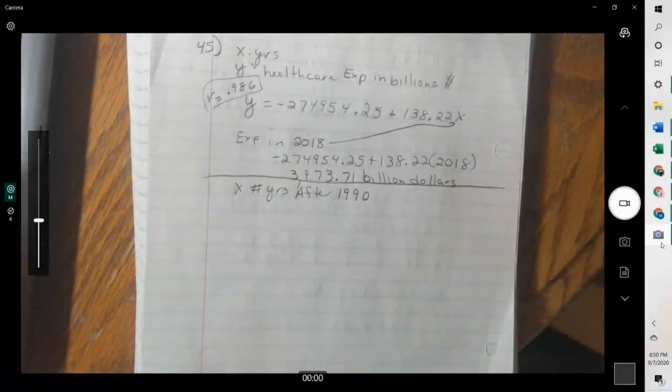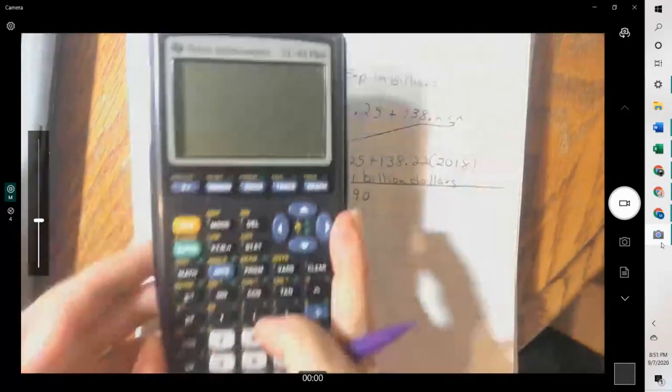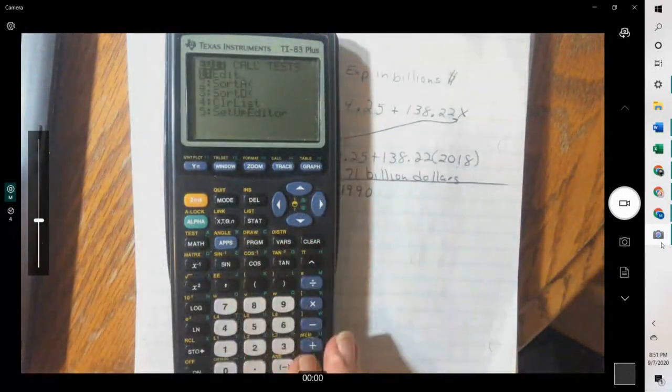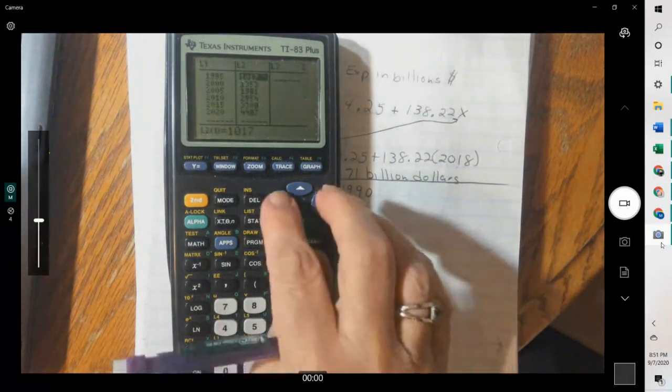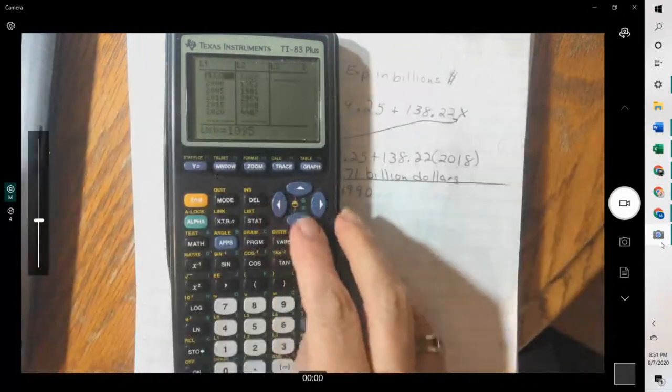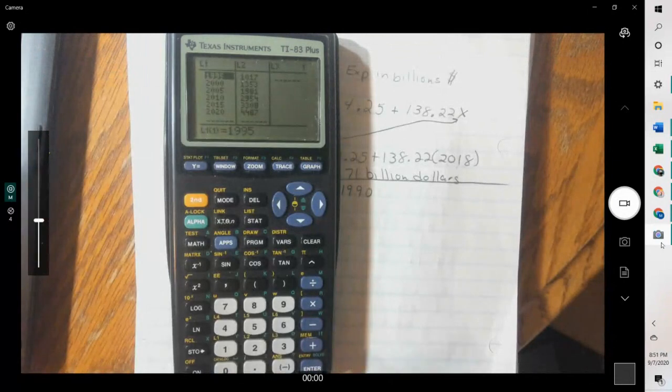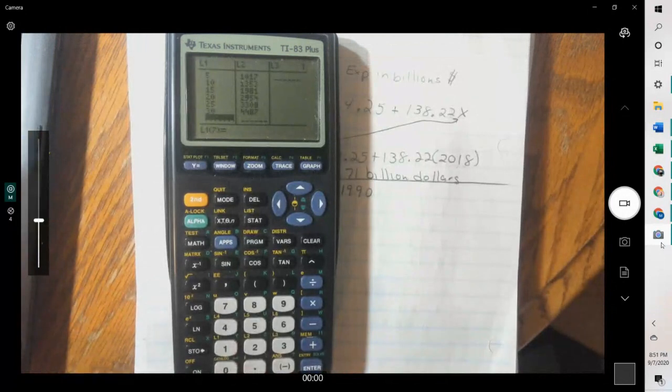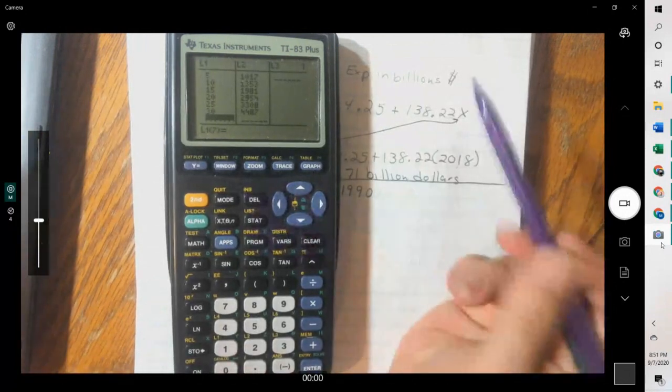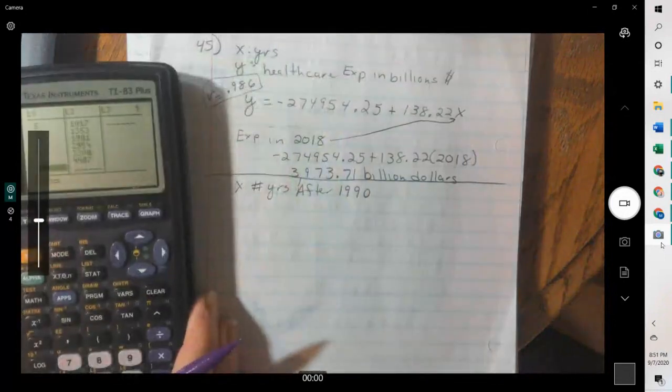If we do after 1990, you go in Stat and Enter, and then I just want to change these. Notice this was 1995, so that would be 5 years after 1990. This is 2000, so it would be 10 years. This would be 15, 20, 25, and 30. So to get it in years, you just subtract the 1990 because it said after 1990.